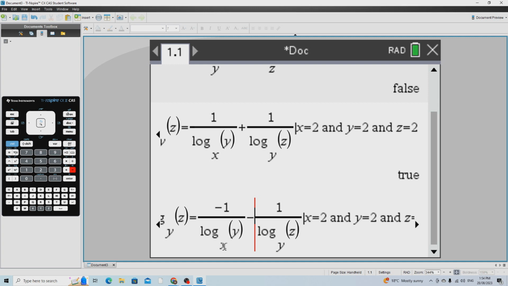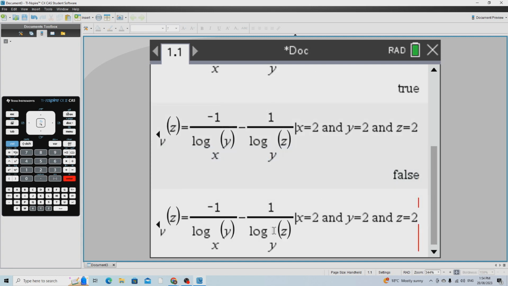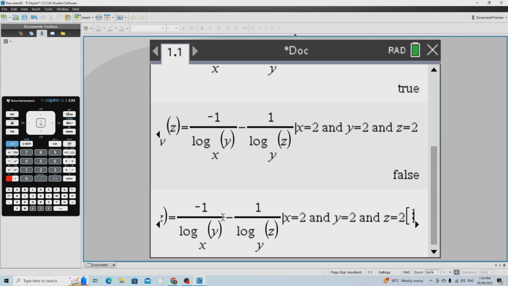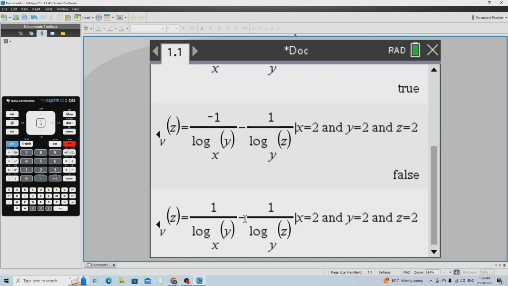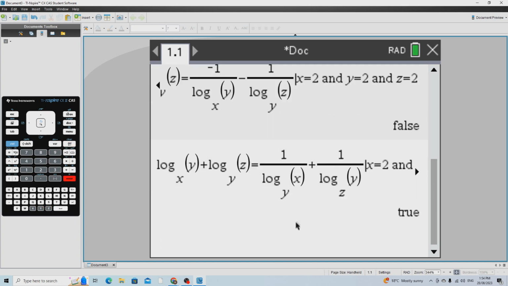And it's x, y, y, z. False, okay. What about D? Well, D is, okay, so they've taken the negatives all out. And it's log y, x, z, y. Enter. True. So we got 2 trues here.